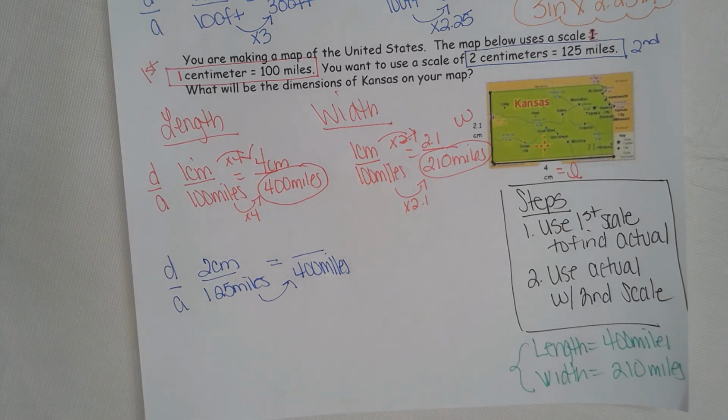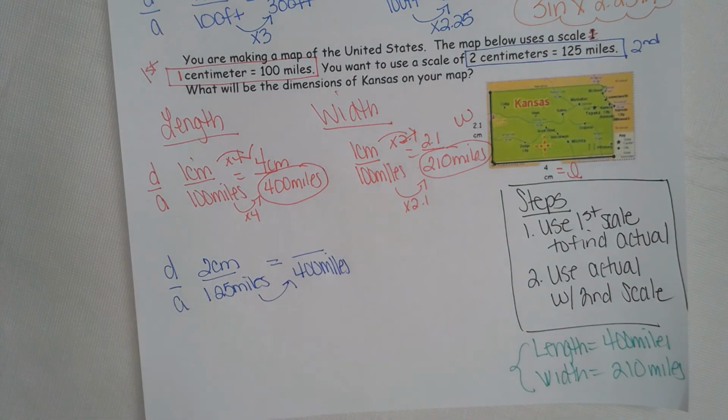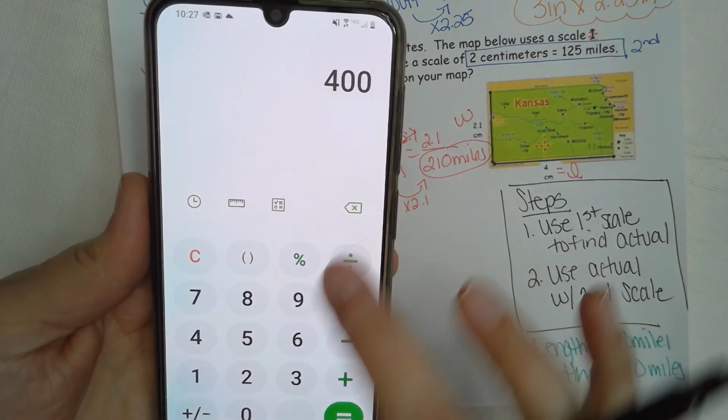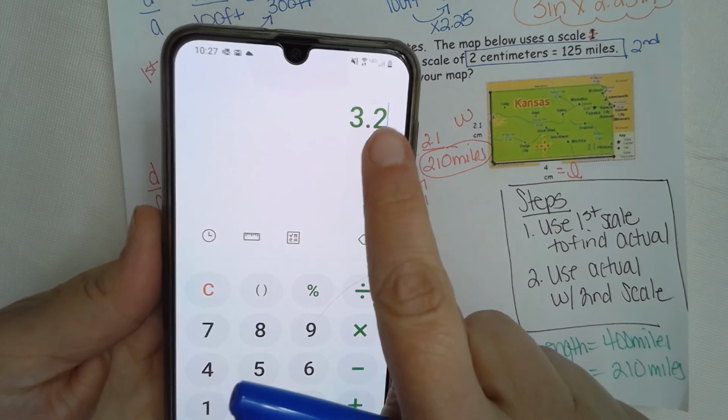I don't know what I have to multiply 125 by to get 400. So the way that I'm going to figure that out is I'm going to go the opposite. The opposite of multiply is divide. So what I'm going to do is we're going to take 400 and we're going to divide by 125, and that is going to be our multiplier.